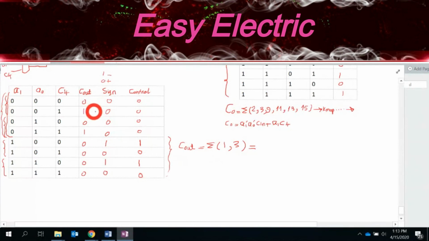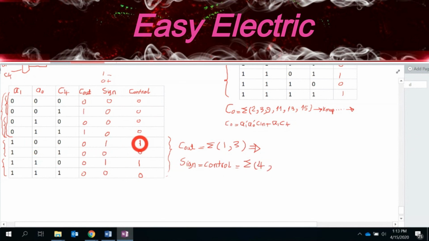So then let's do the same thing for sign and control. Sign equals control because they actually have the same truth table, right? Equal to sigma minterm. Which minterms for sign and control? We have 1 to 4. You have 4.